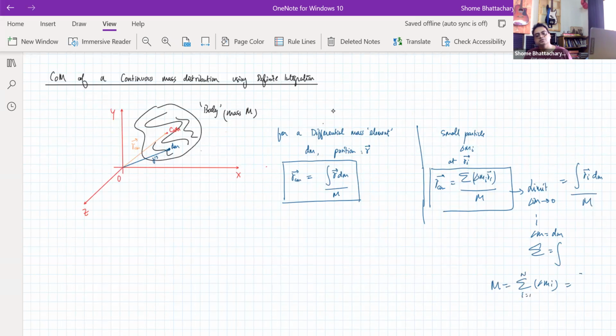So that here would become integration of dm. So if this is tending to 0, that means n is tending to infinity. So the summation is converted into an integration. Okay, so this is the general principle, and now we'll see step by step how we apply this in different situations.